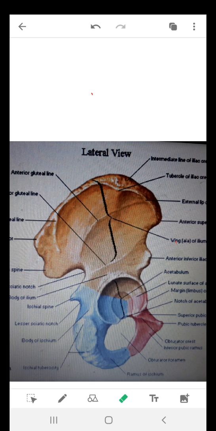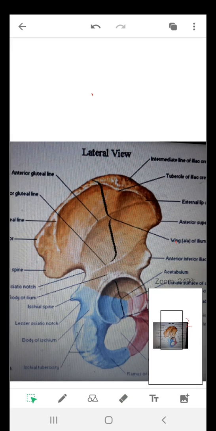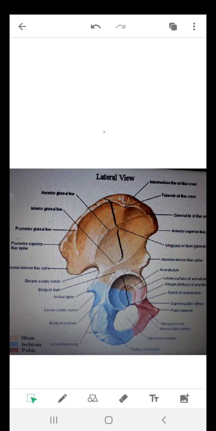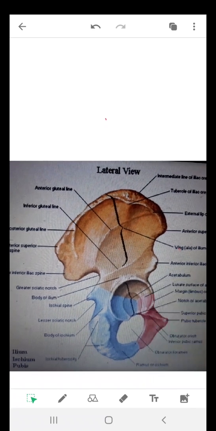The superior part of this bone is called the iliac crest, and it extends from the anterior superior iliac spine down to the posterior superior iliac spine.